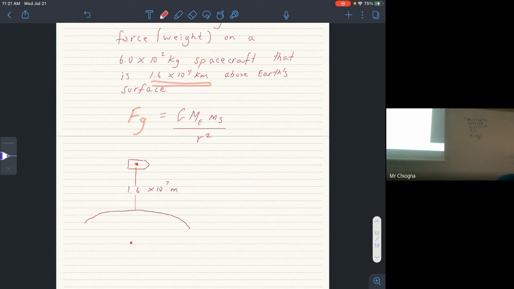Quite high up there. What do I know about the radius of the Earth? You can get the radius of the Earth from your data table. The radius of the Earth is 6.37 million.